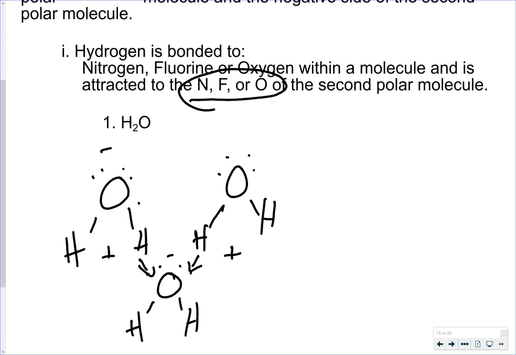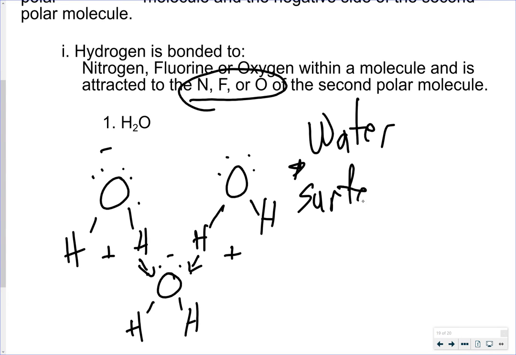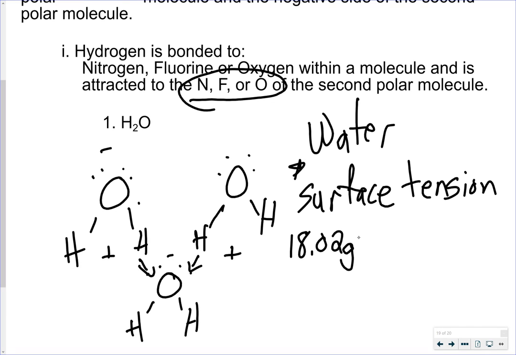This is one of the reasons why water has surface tension. It's also one of the reasons why water, with a molar mass of 18.02 grams per mole, has a boiling point of about 100 degrees Celsius.